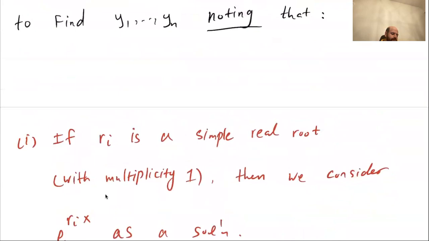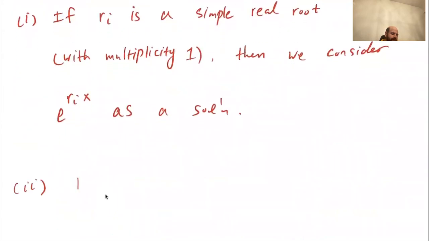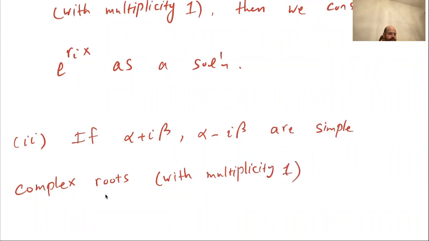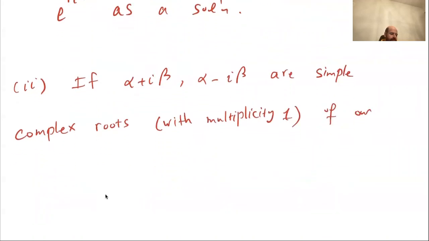What about if you have complex roots? The second thing that we have to note is that if, let's say, alpha plus i beta and alpha minus i beta are simple complex roots, with multiplicity 1, of our characteristic equation, then what will be the solutions?